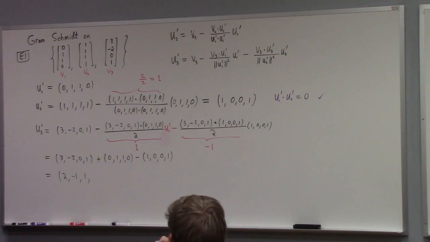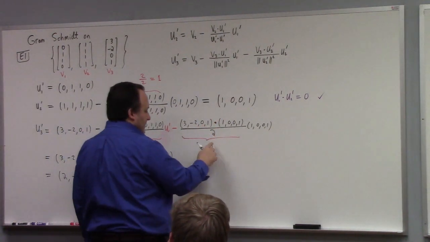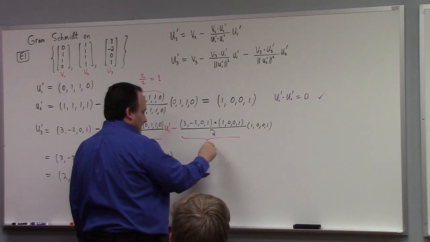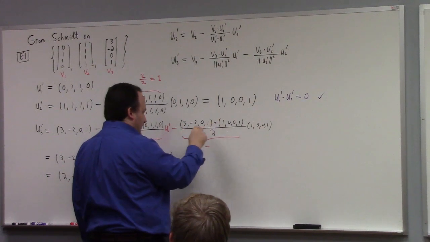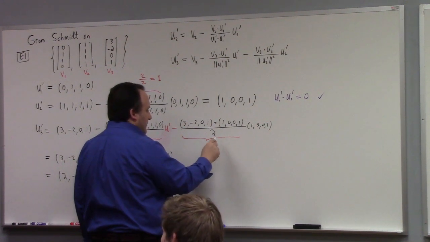I think it might be, yeah, the dot product. The 3, -2, 0, 1 dot with 1, 2, 0, 1. I think that should be 4 in the new one. 4 and 4 divided by 2? Which is a 2, so minus 2 overall, right?